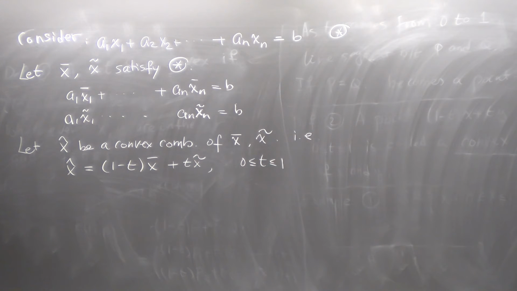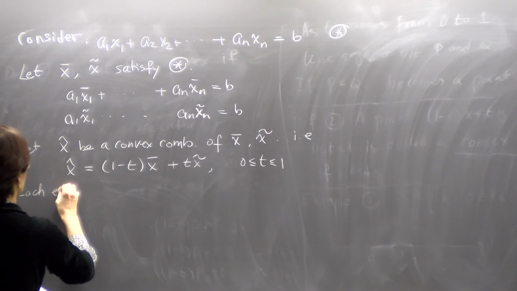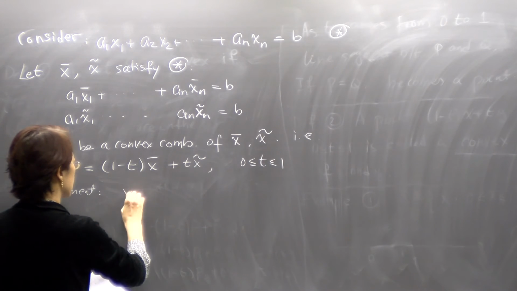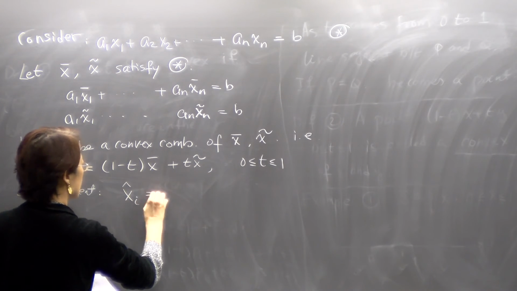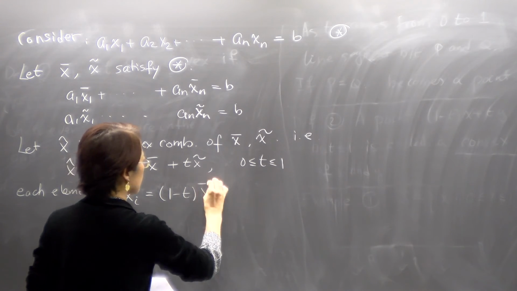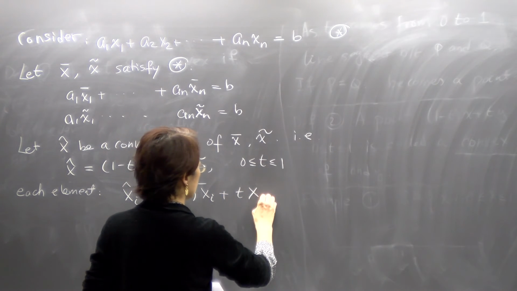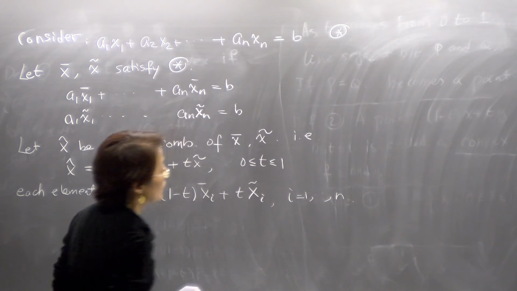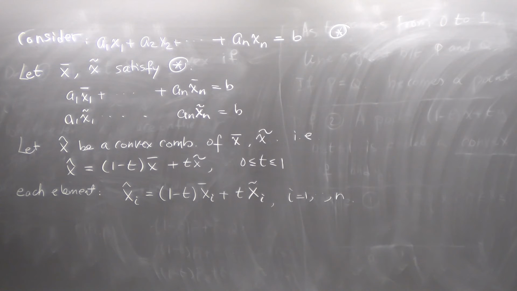I'm just writing definitions. And if you look at each element in this x hat, you are just doing the same combination for each element. So the ith element of x hat is (1 minus t) xi bar plus t xi tilde. Think of these as vectors, and you're just adding them up position by position.